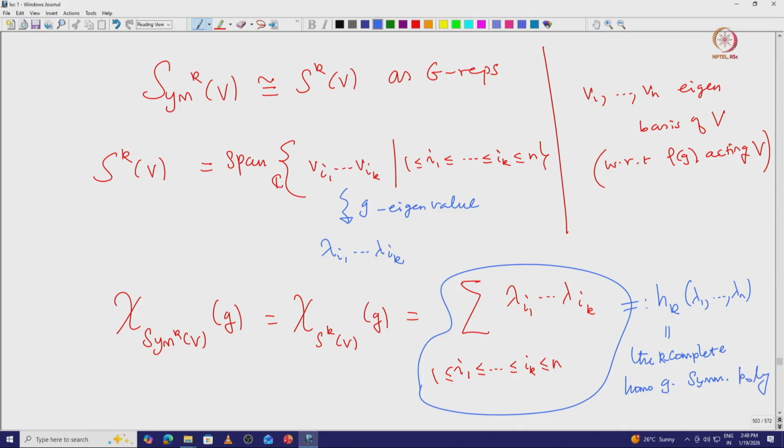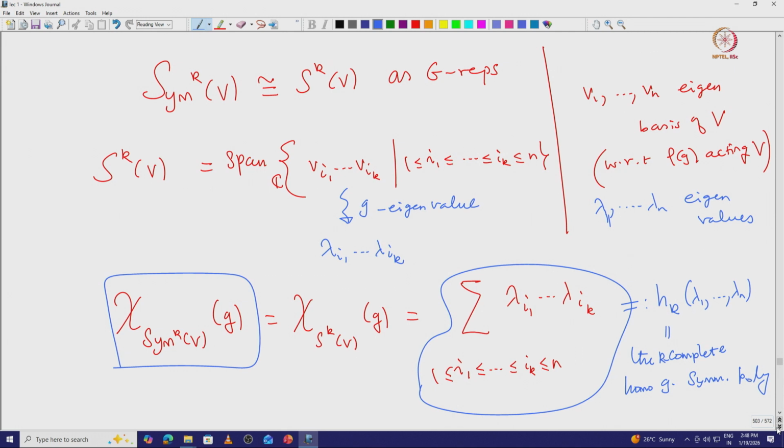By computing explicitly the character in terms of the given eigenbasis v_1 etc. v_n of V with the eigenvalues lambda_1 etc. lambda_n, we can see that the character of this symmetric power is given by this k-th complete homogeneous symmetric polynomial.